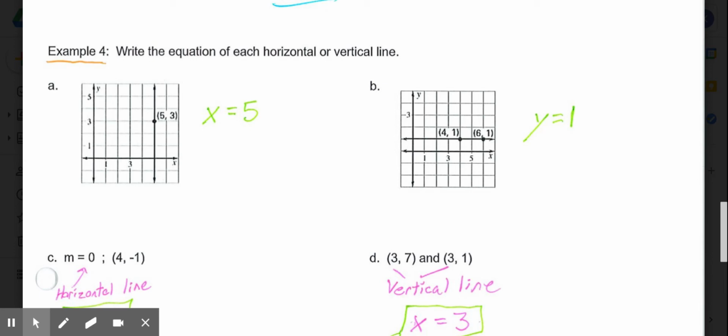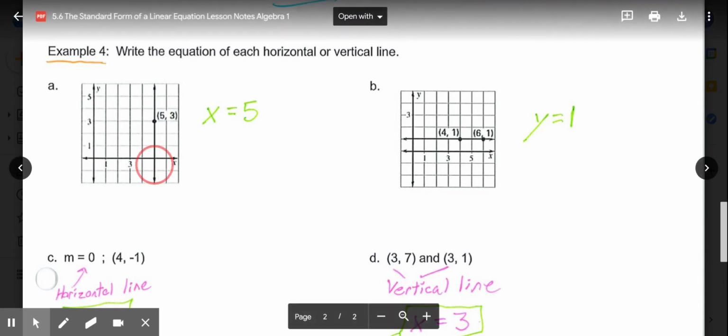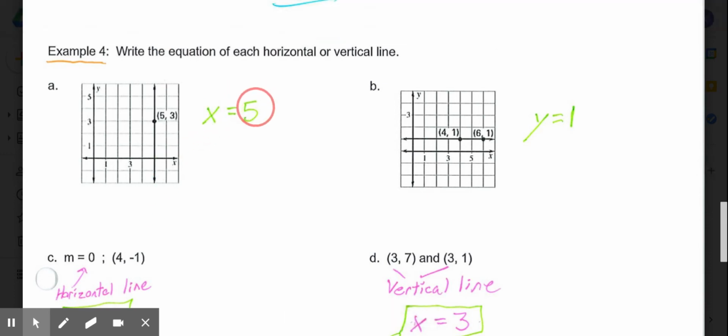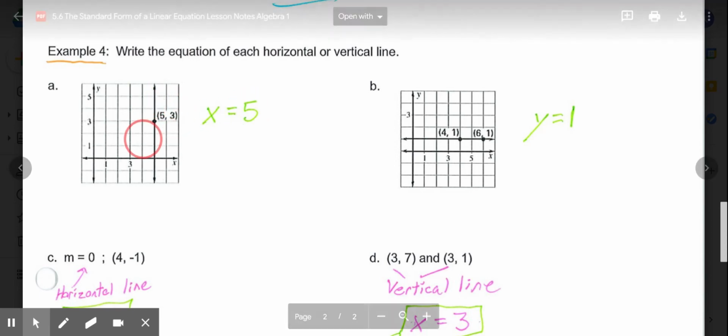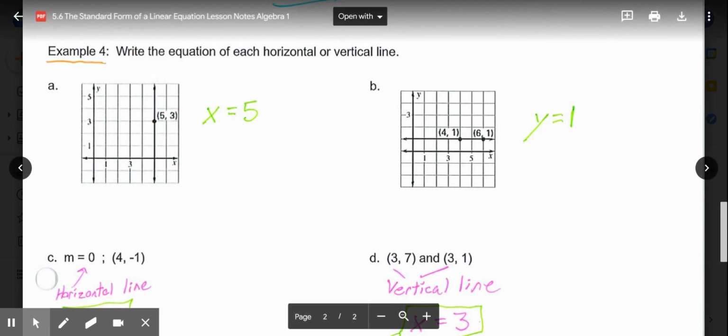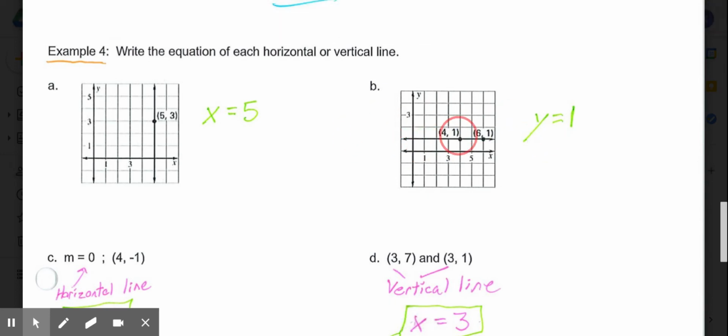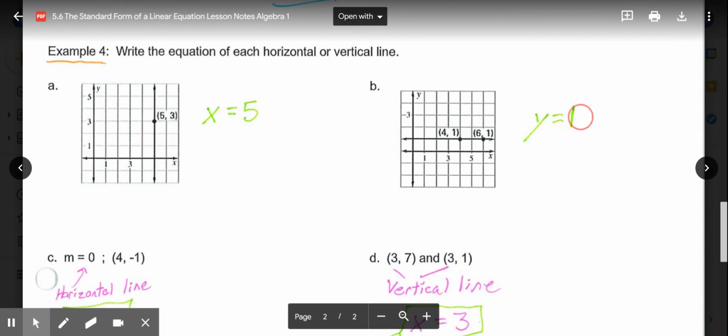If we ever have a vertical line, like here, a vertical line through 5, the equation simply is x equals whatever number it's going through vertically, your x value, so x equals 5. If you have a horizontal line through a number, it's y equals the y value, so these are at 1 for the y values. So our horizontal line is y equals 1.